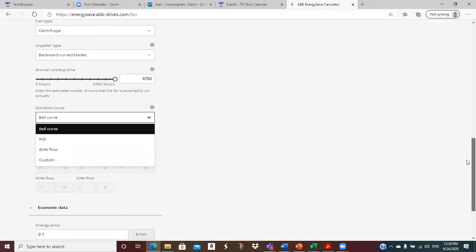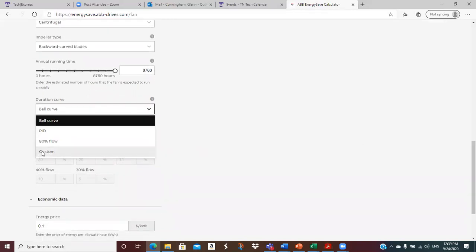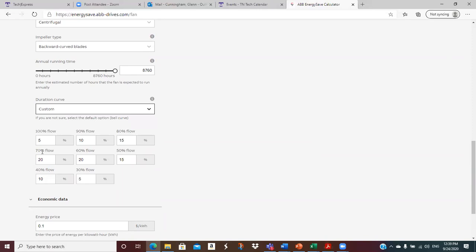this is where I'm going to put in, I want a custom flow. So I'm going to run 70% all of the time. Got a bunch of zeros, don't I? But you can see where you can tailor your inputs for a particular situation.